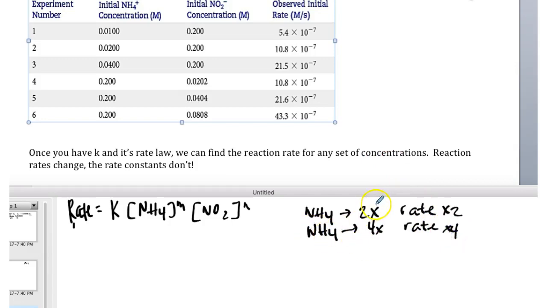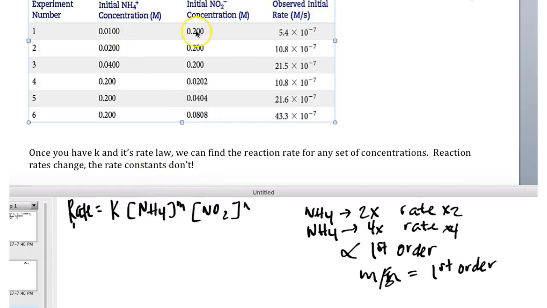So anytime there's a direct relationship, 2 and 2, 4 and 4, half and half, 1/4 and 1/4, anytime it's directly proportional, we call this first order. So m or n will be first order if they're directly proportional. Here we could see that m is directly proportional to the rate, so this little m is going to be a 1.